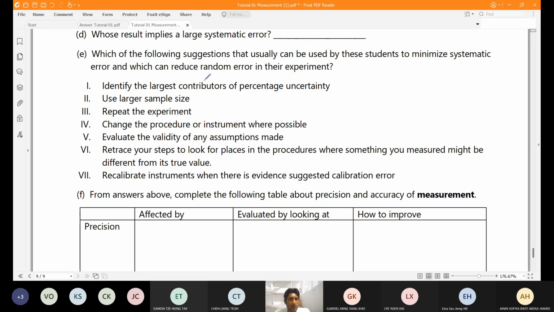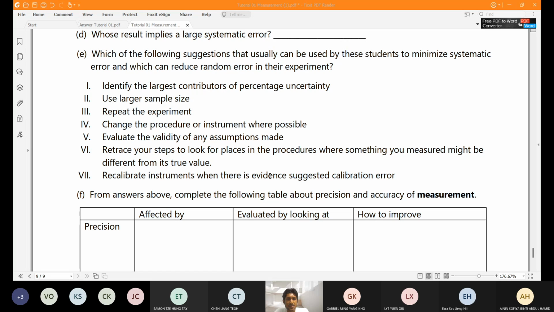Which of the following suggestions can be used by these students to minimize systematic error, and which can reduce random error in their experiment? Identify the largest contribution to the percentage of uncertainty. This is a good way, if we can find the highest percentage of uncertainty, to reduce the random error.